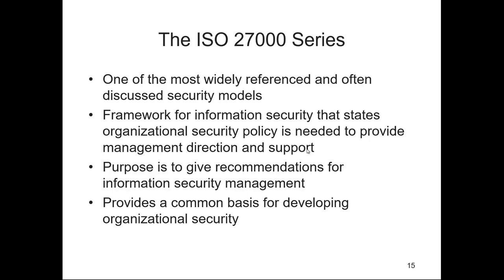Fourth is the personnel security objective, which is to reduce risk of human errors, theft, fraud, or misuse of facilities, and ensure that users are aware of information security threats and concerns and are equipped to support the corporate security policy in the course of their normal work, and minimize the damage from security incidents and malfunctions and learn from such incidents.